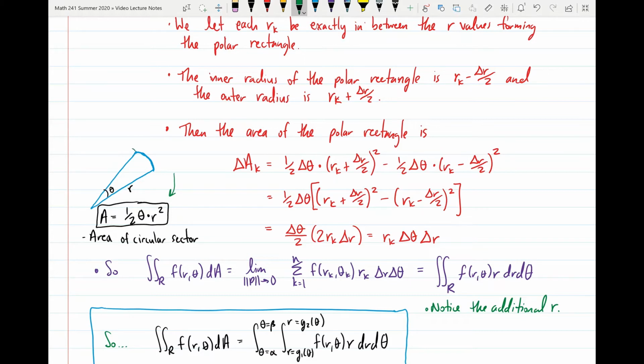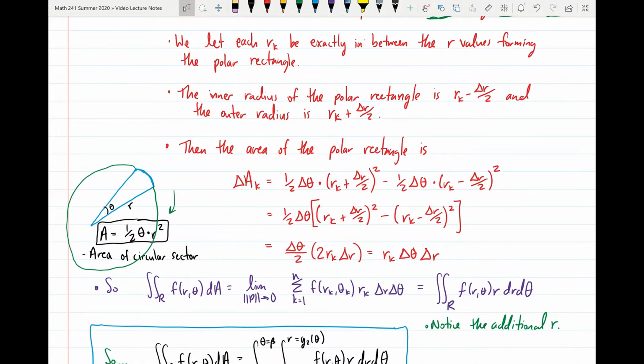So let's say I have a larger circle in green that's going around like this, and I want to know what the area of that sector in blue is. Well, that area is going to be equal to 1/2 times theta times the radius of the circle squared. So this is just a formula from geometry that now we're going to be using.